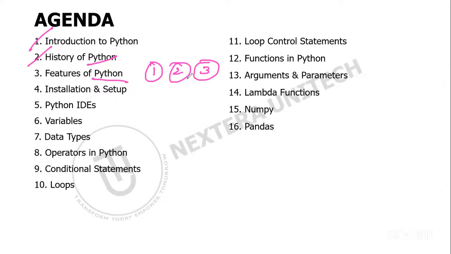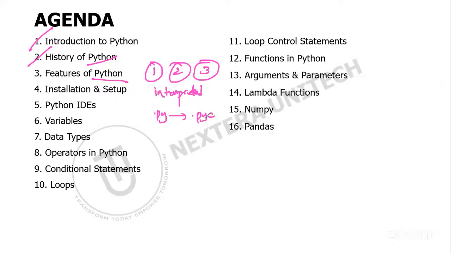Then we also understood why Python is called a freeware language and why it is called open source. Yes. Then we also understood that Python is called an interpreted language. What is meant by interpreted language? Line by line execution. Okay. So each and every line gets executed as part of the interpreted language. Okay. So when we execute the .py file, this .py file gets converted to .pyc.